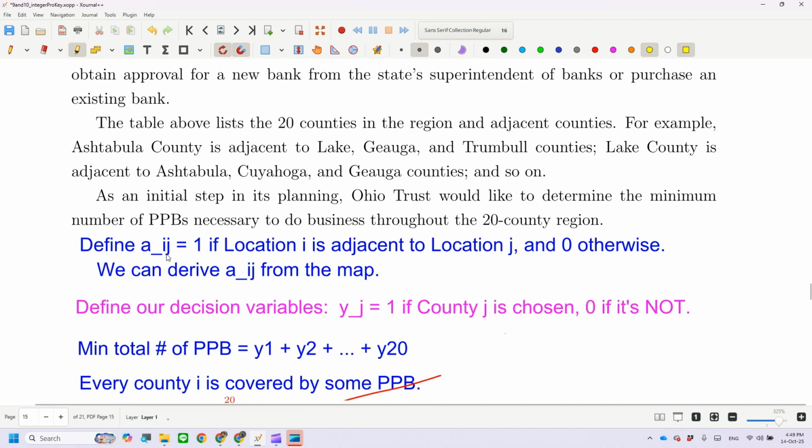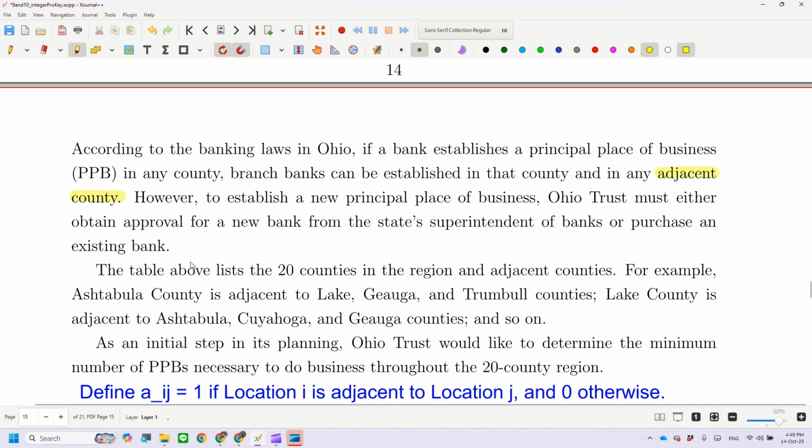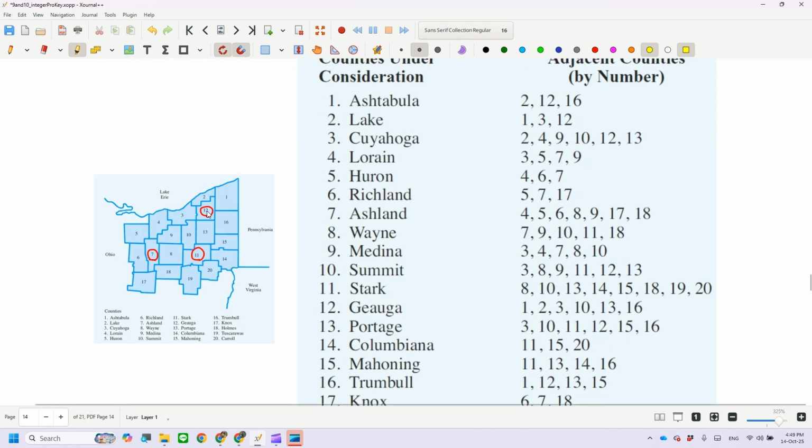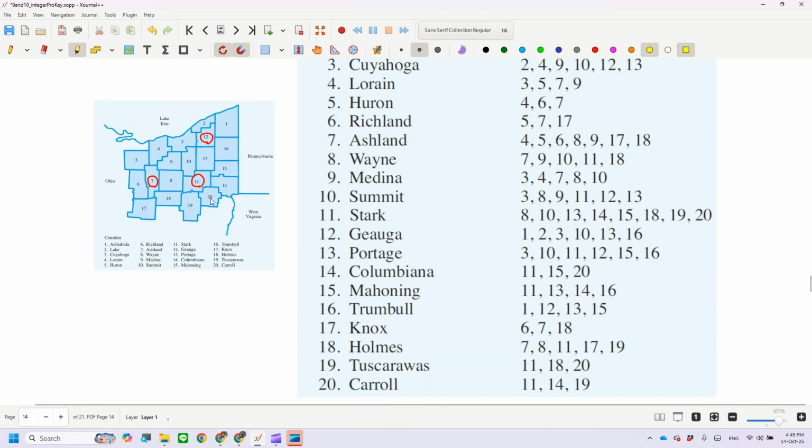Just to make sure you understand aij, for example, if we look here, a1,12 is 1, a1,2 is 1, a1,16 is also 1, and so on. And a1,15 is 0, and a1,14 is also 0. So aij just tells us whether county i is next to county j, and we can get the aij from the map.